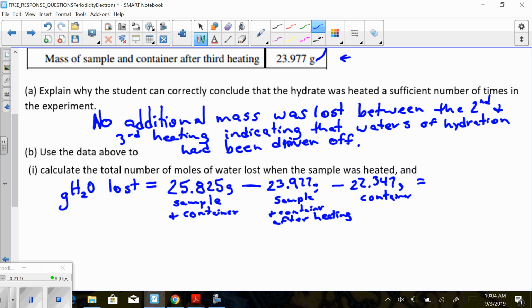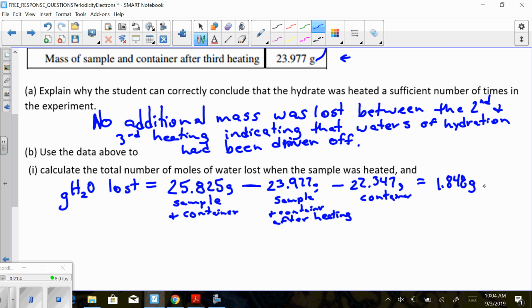So the only thing that's left is the water in the sample. We've subtracted the mass of the sample after heating and the mass of the container. The only thing left is water, and that is 1.848 grams.